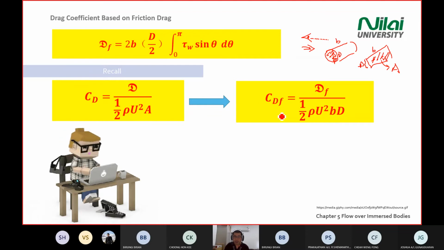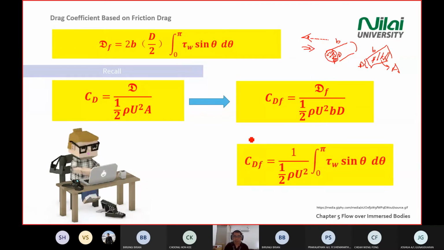Again, if you focus on friction, it's more about what is being seen and touched by the velocity, the contact surface of the velocity. Then we put in the equation we derived from the drag equation just now.